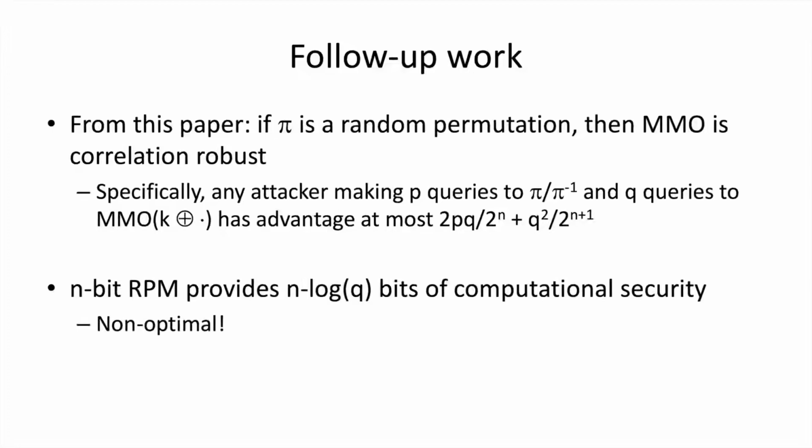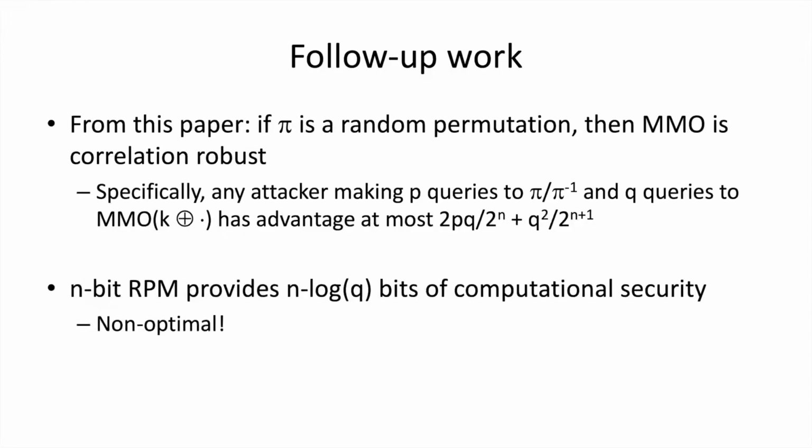So after this work, where we formalize all the abstractions of correlation robustness, we later have a follow-up work to further improve the security of these hash functions. Recall that from this paper, we claim that our MMO construction is secure, assuming that pi is a random permutation.